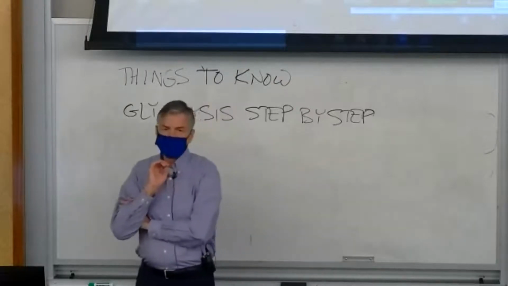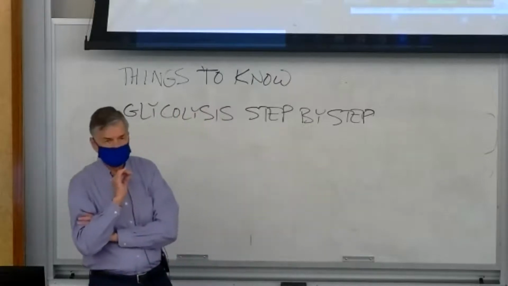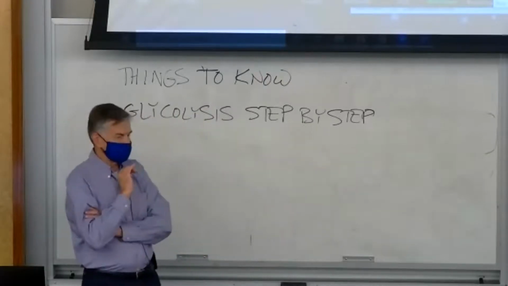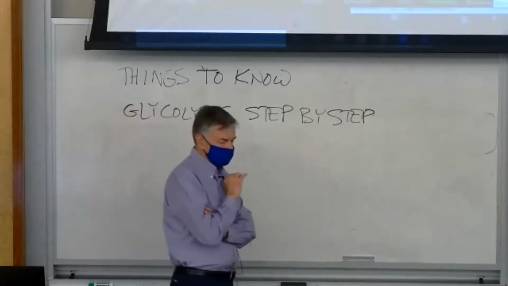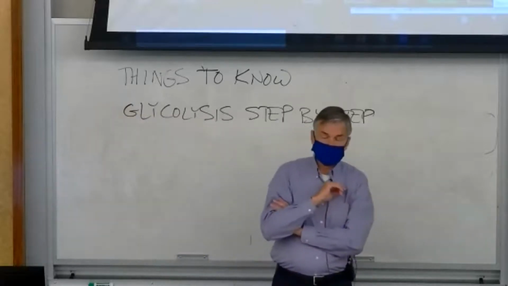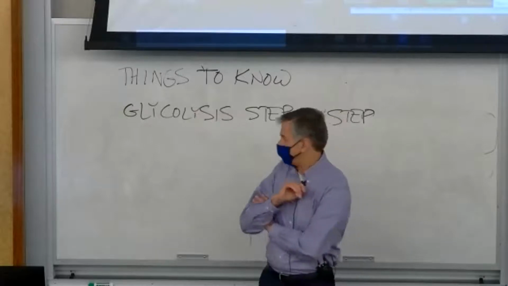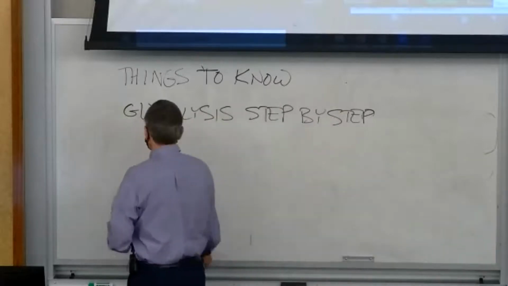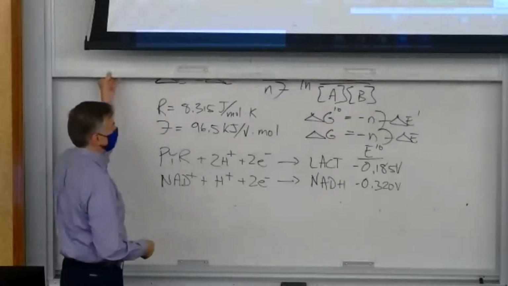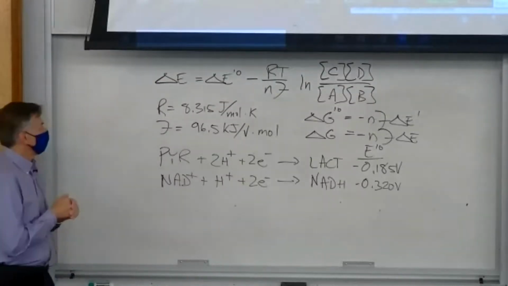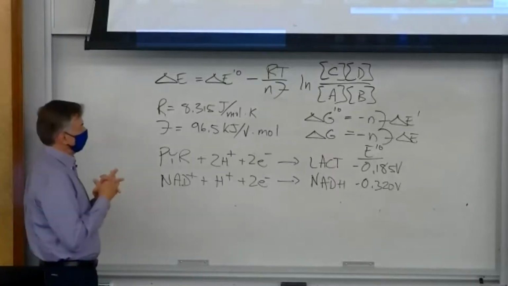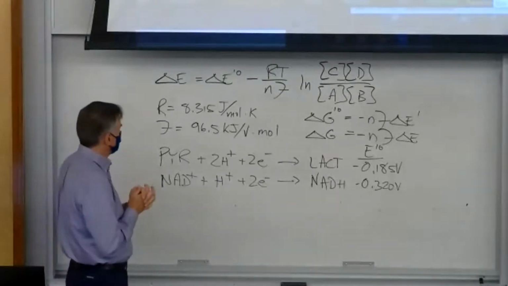We didn't do a calculation of one of these, and I'm going to do that at the beginning of the class prior to moving on to talk about glycolysis. So let me begin here. I have written some of this out already, just in the interest of time.